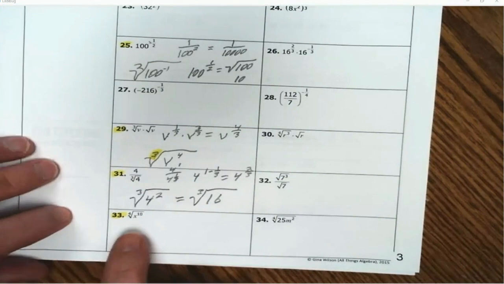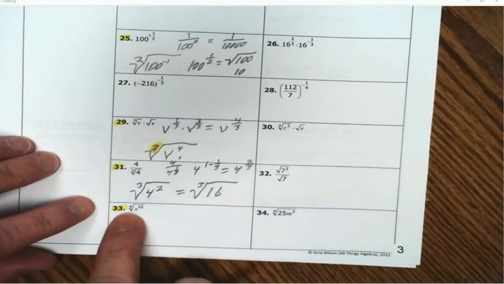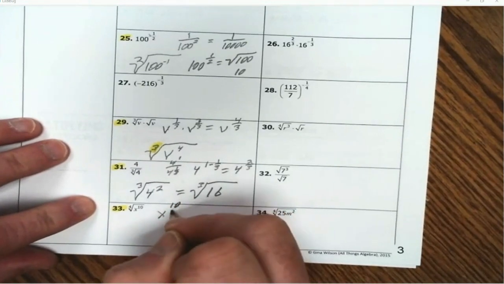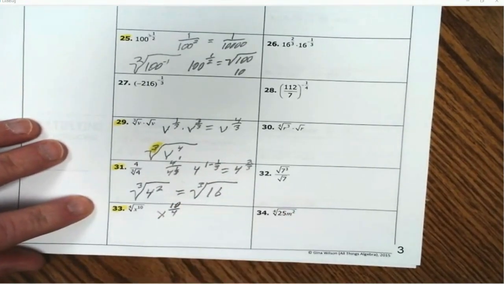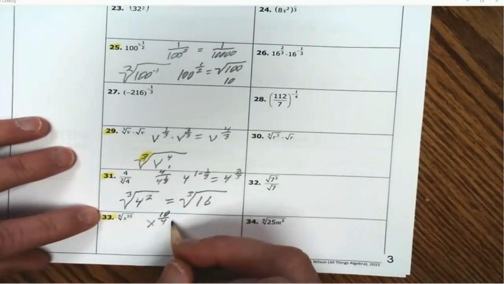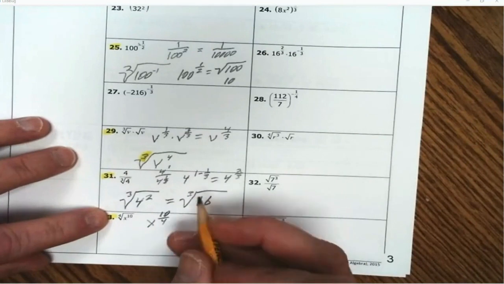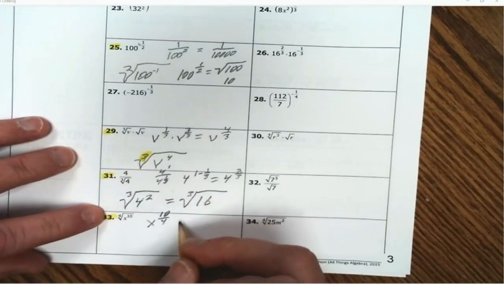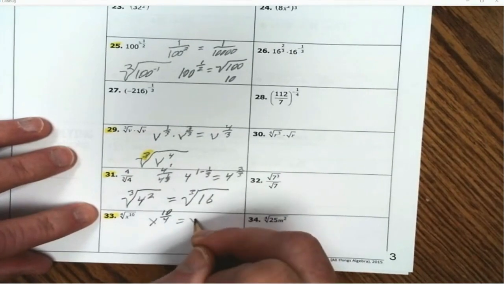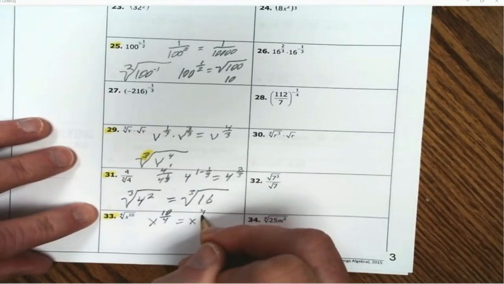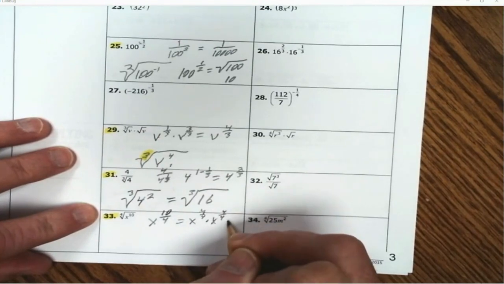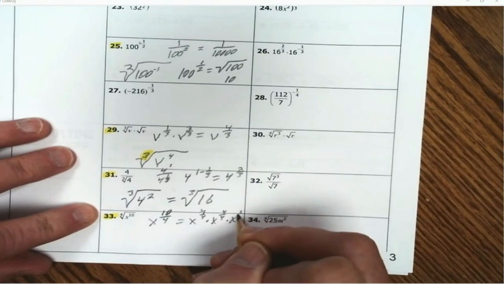And then our last one we're going to do on this page is x to the 10/4, right there, 10/4, which we can simplify, because that's the same thing as x to the 4/4 times x to the 4/4 times x to the 2/4.